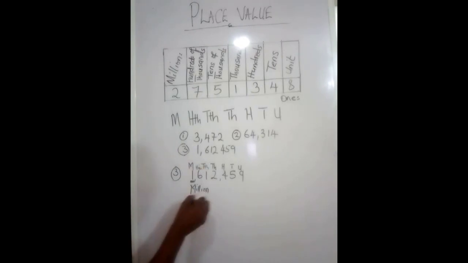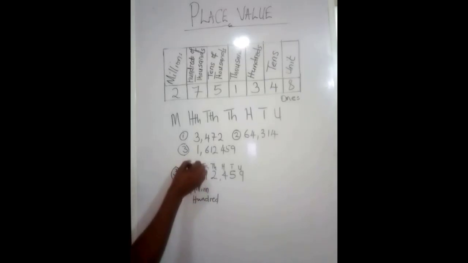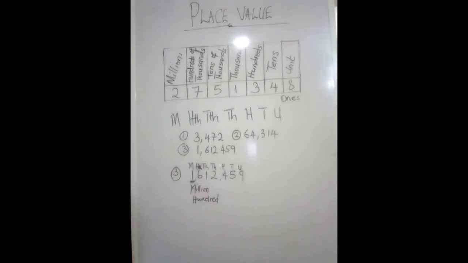The place value of 6 in this number is hundreds of thousands, because this position is the hundreds of thousand position, and this next position is tens of thousands. So for this second one, the place value is tens of thousand. And for this digit 2, the place value is 1,000. Just like that.